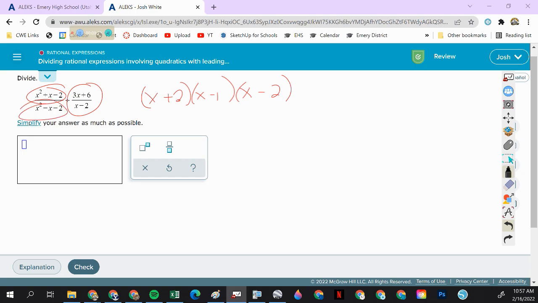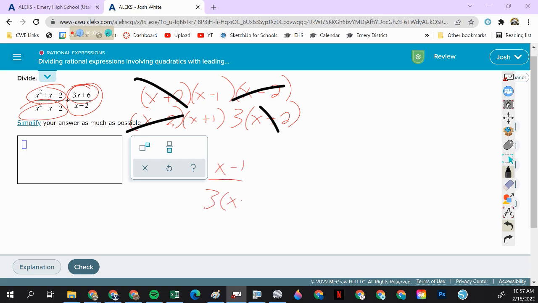The denominator factors into x minus 2 times x plus 1. And then I pull a 3 out of the numerator and it flips upside down. And I get x plus 2. Start canceling. x minus 2's cancel. x plus 2's cancel. And I'm left with x minus 1 over 3 times x plus 1. Okay.